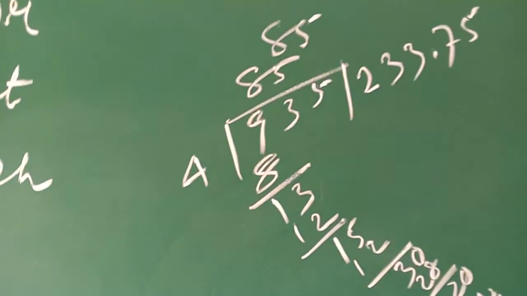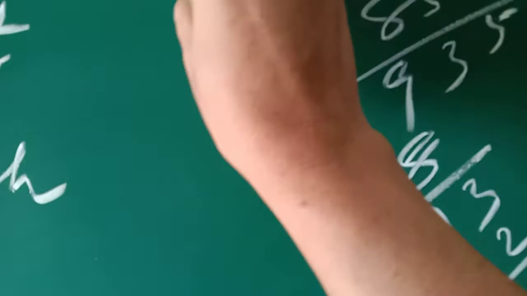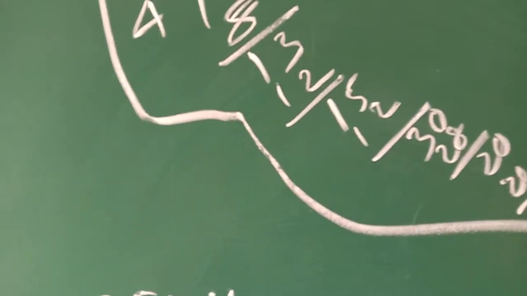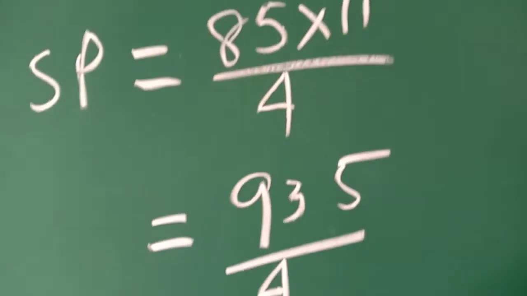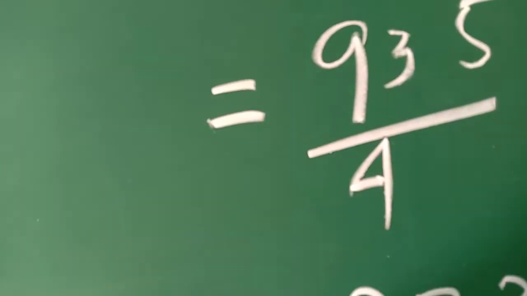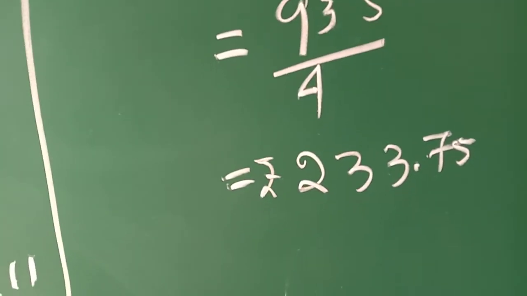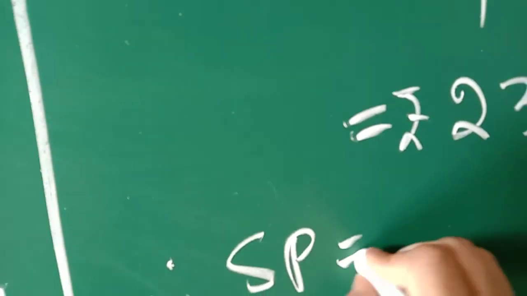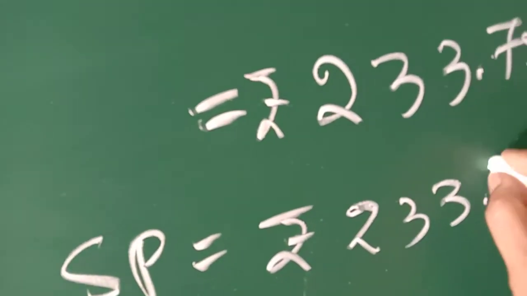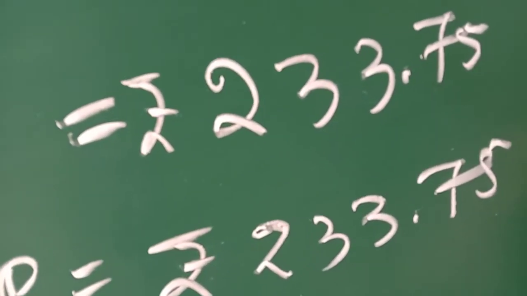Do this calculation in a rough space and write the answer here. 233.75 rupees. Then what is the selling price of that book? Therefore required selling price is rupees 233.75. This is the answer.